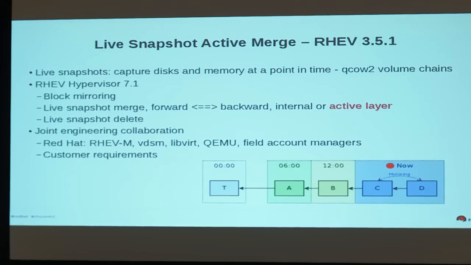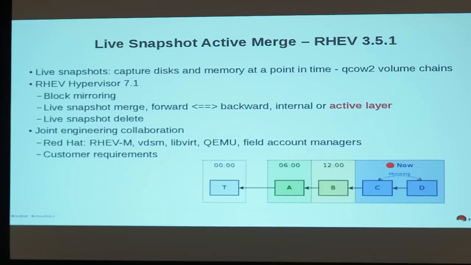We heard a lot about the customer requirements, and so we took this seriously and started an agile project where we had developers from VDSM, libvirt, QEMU, even from the OpenStack team, meeting on a daily basis to make sure that there were no blockers, that it was their 100% priority to get this project done.